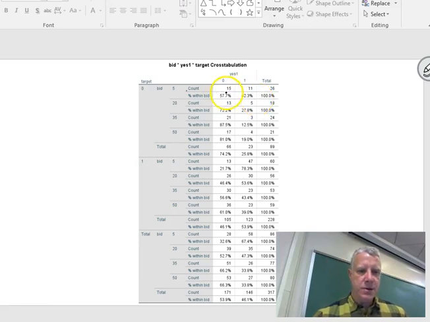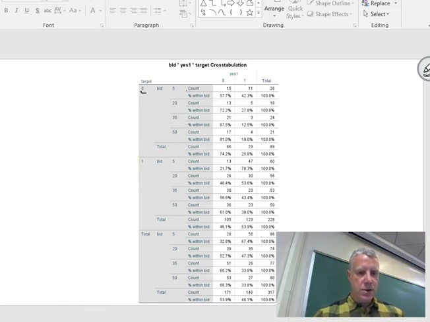And we have these cross tabulations for people who target Red Drum and for people who don't target Red Drum. So people who don't target Red Drum are the zeros, and people who do target Red Drum are the ones.